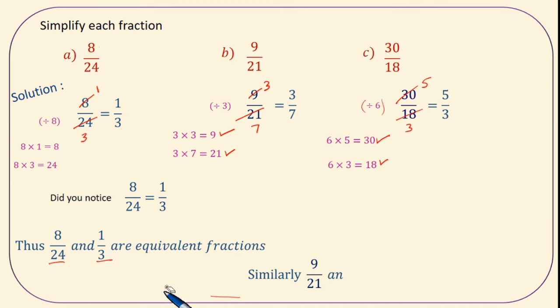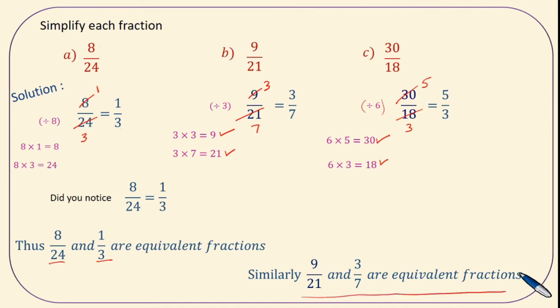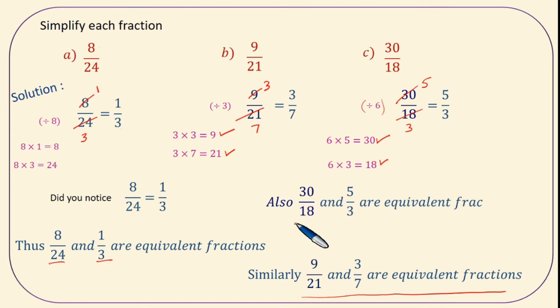Similarly, you can see 9 over 21 and 3 over 7 are the same, so these two are equivalent fractions. And 30 over 18 and 5 over 3 are also equivalent fractions.